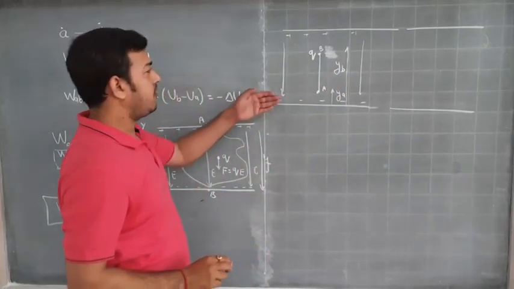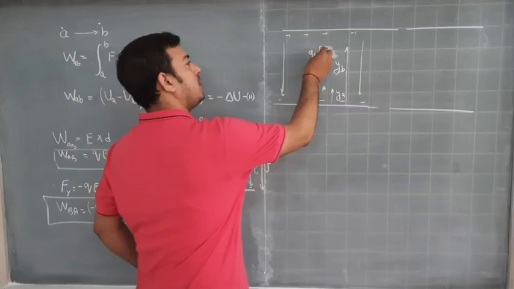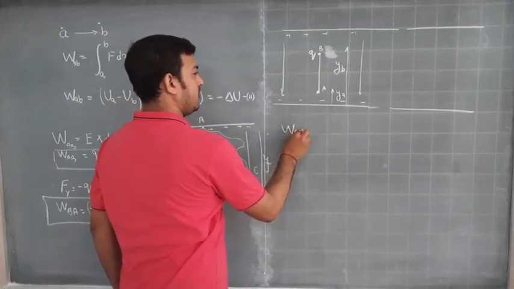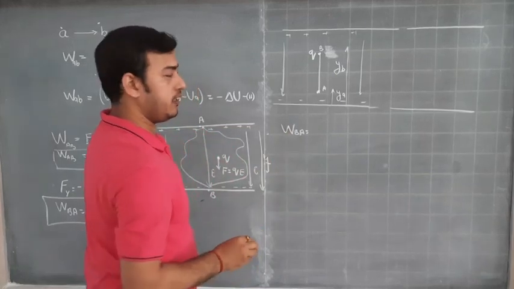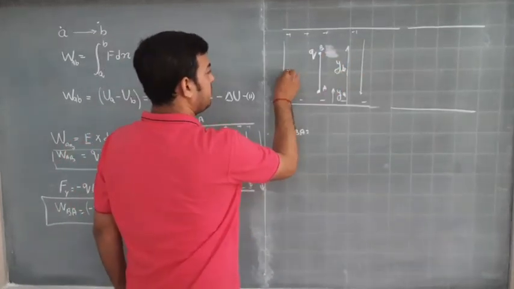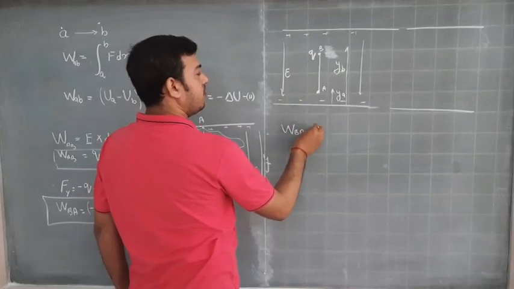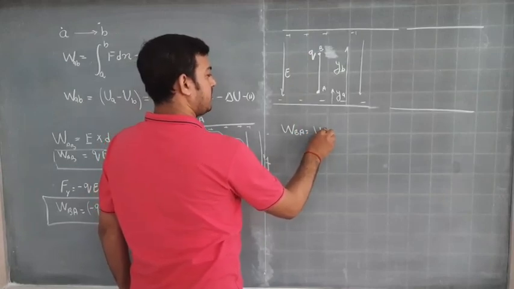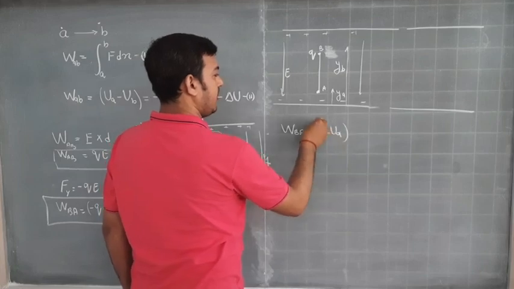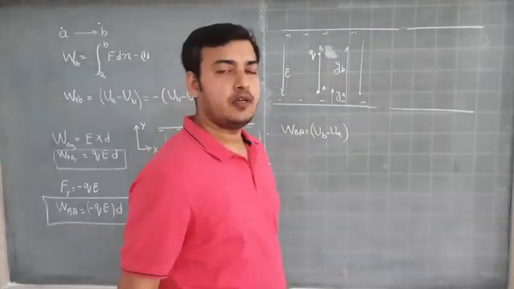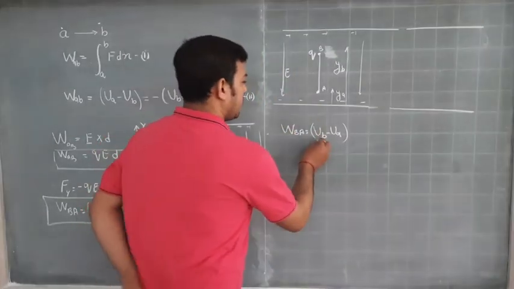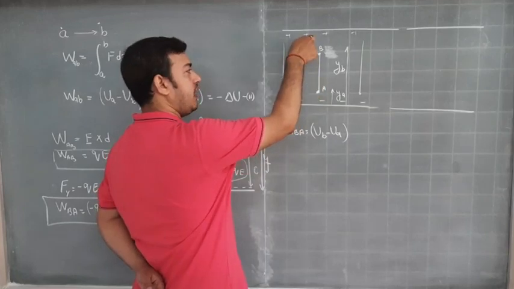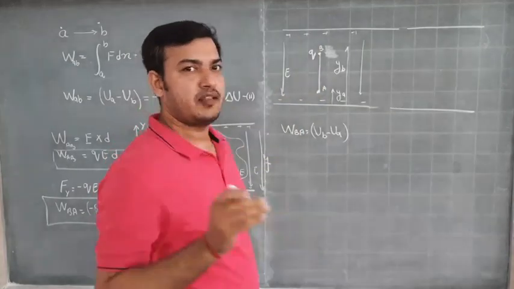So if my charge moves from point B to point A, I can write that the work from B to A under the effect of this uniform electric field E will be the difference of potential energy at B minus at A. In this situation, the work done is positive because the force is acting in the downward direction and the displacement is also in the downward direction.